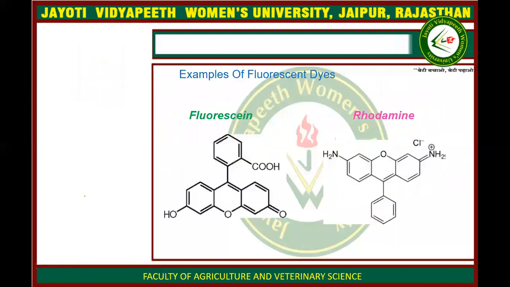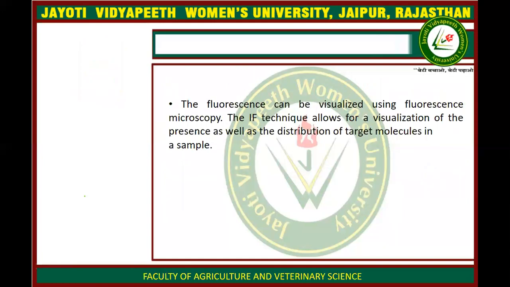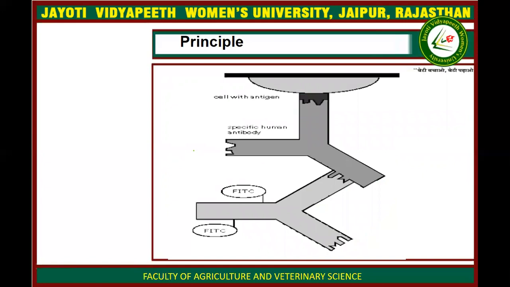These are examples of fluorescent dyes: fluorescein and rhodamine. Through fluorescence we can visualize everything using a fluorescence microscope, the microscope used to detect immunofluorescence.